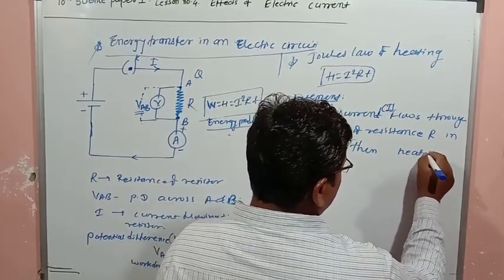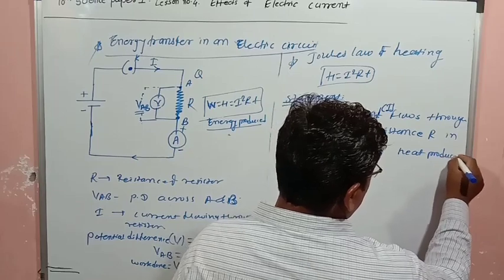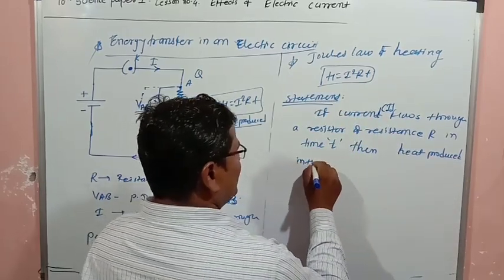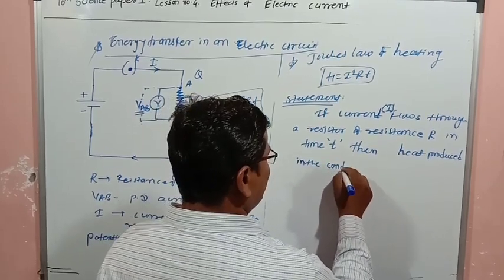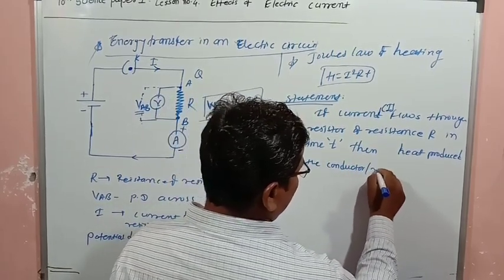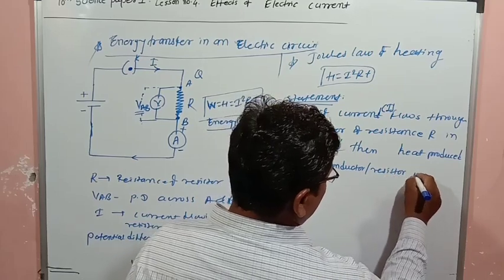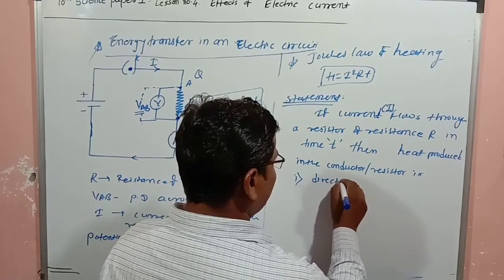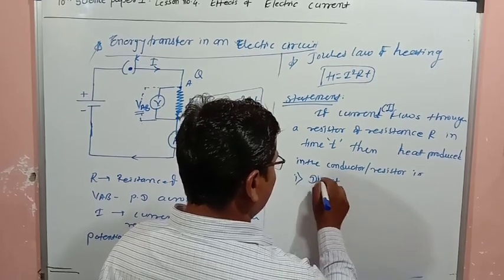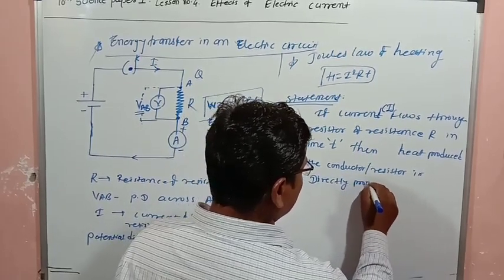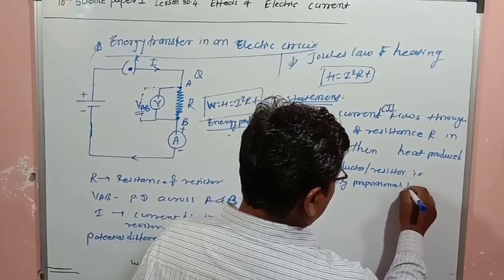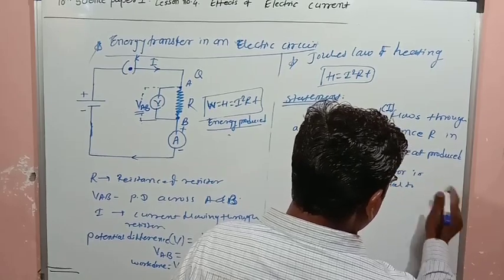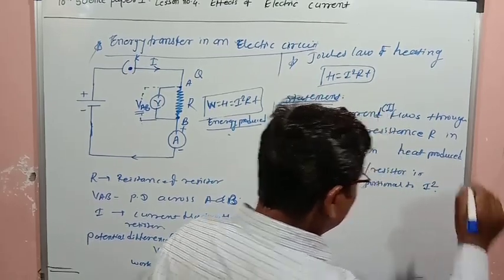heat produced in the conductor or resistor is, first, directly proportional to the square of current, I square.